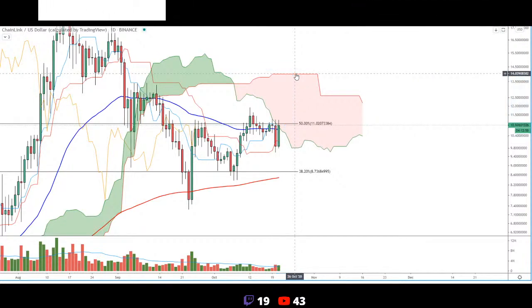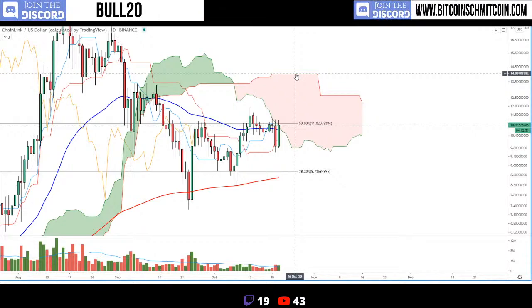And that's exactly what we want to see. Link strength has more often than not been a harbinger of goodwill and strength in the altcoin market.